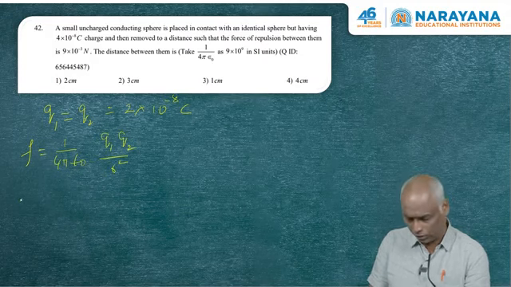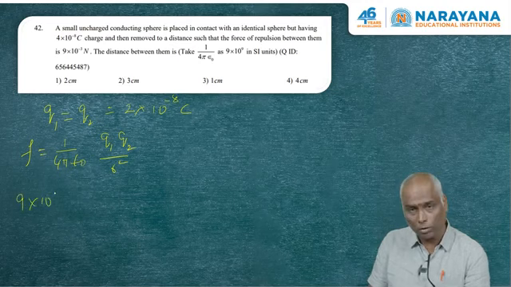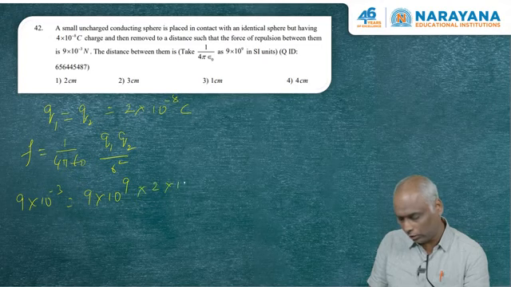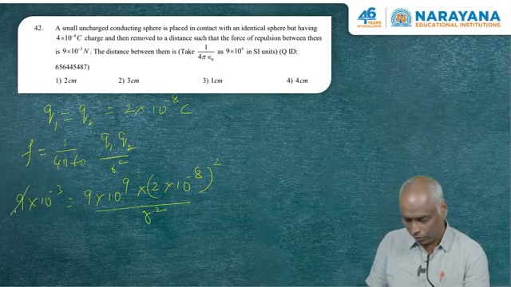The value of force is given as 9 into 10 to the power of minus 3. 1 by 4 pi epsilon naught is 9 into 10 to the power of 9. Q1 and Q2 are both equal, 2 into 10 to the power of minus 8, whole square, divided by r square. The 9 and 9 get cancelled.